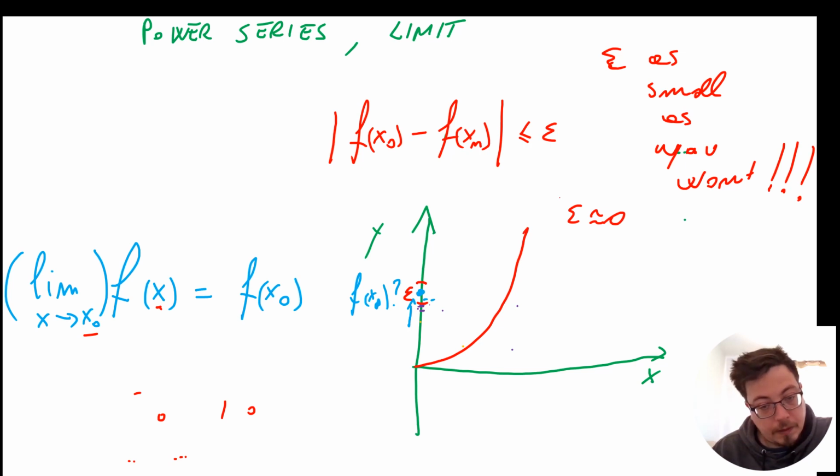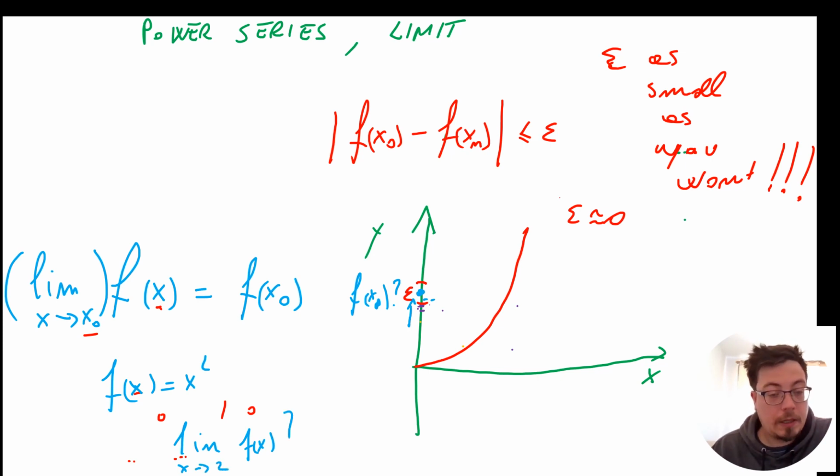So f of x is x squared. What's the limit of f of x for x goes to 2? I'm asking what's the limit of this function.